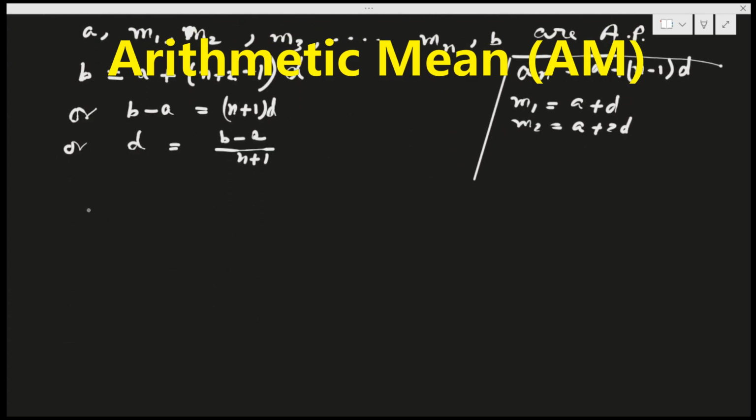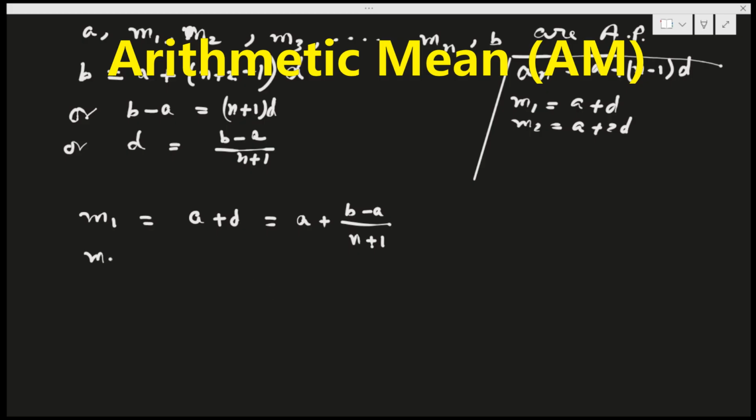So obviously we write M1, that means the first arithmetic mean, A plus D, that is equal to A plus (B minus A) by (n plus 1).